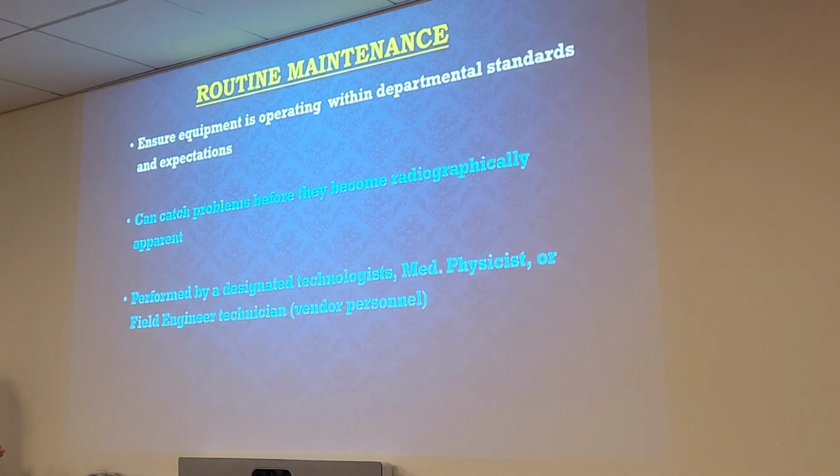They may have to get the vendor personnel in to rectify the issue. But all equipment undergoes some type of routine maintenance, so that way you can try to prevent any errors in the future. And this can be performed by a designated technologist, which is the QC technologist, the medical physicist, or it can be done by the vendor personnel.